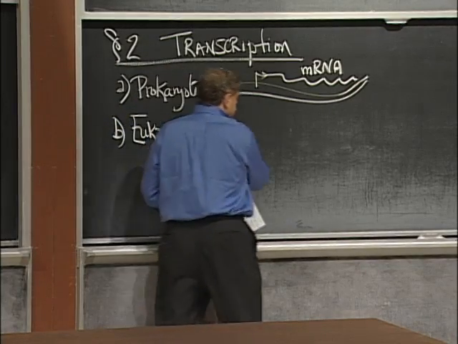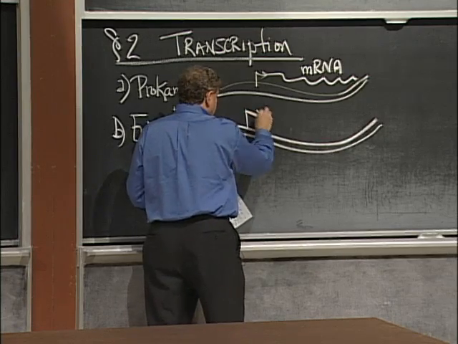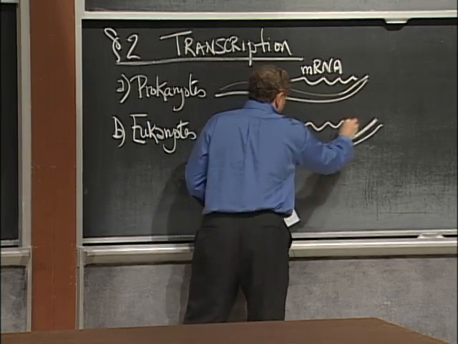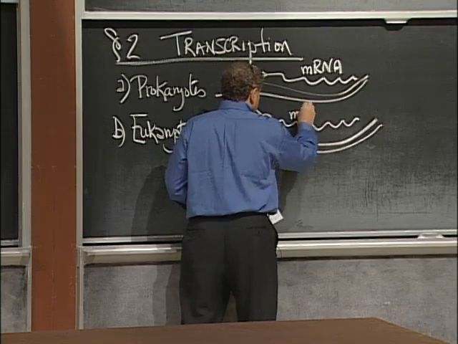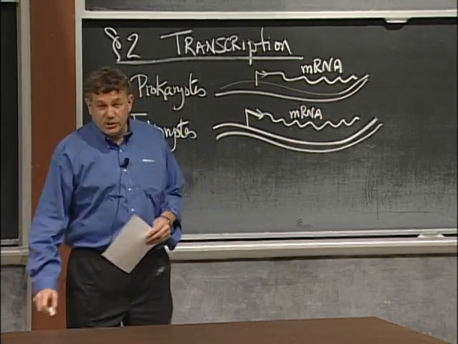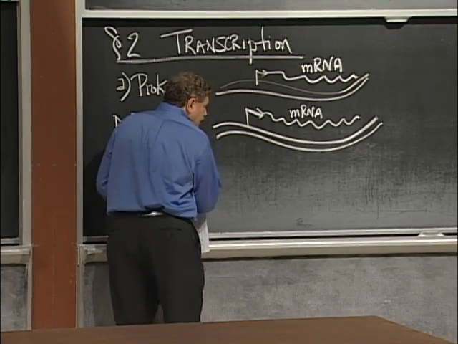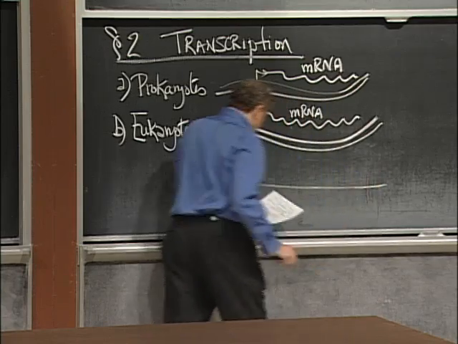Transcription. I have my DNA, I have my promoter, I make my RNA, and my RNA, it turns out, gets processed in all sorts of interesting ways. There are three ways in which a eukaryotic RNA is processed.